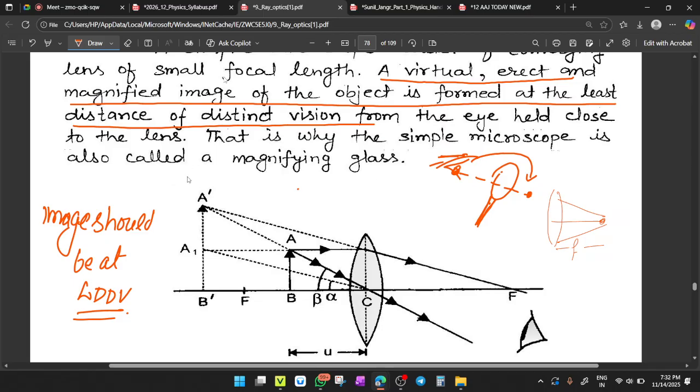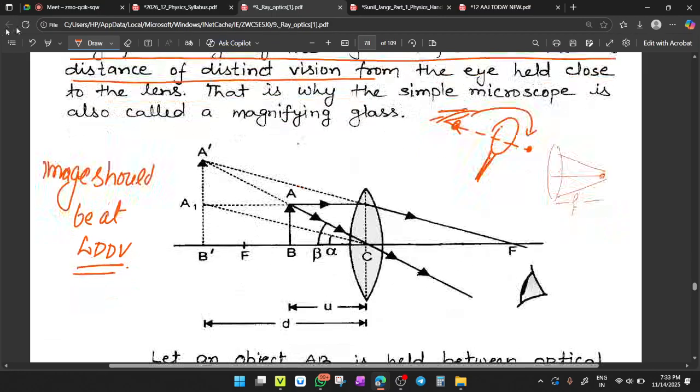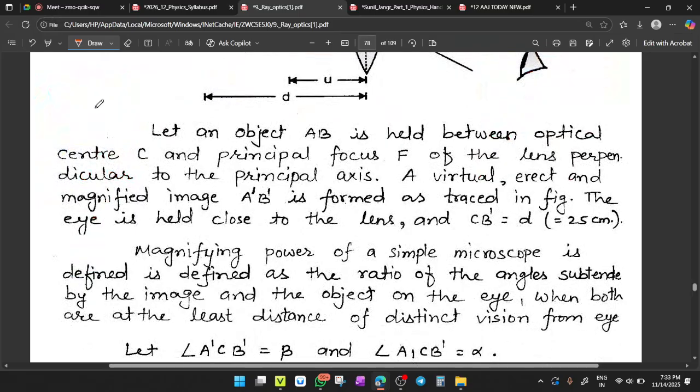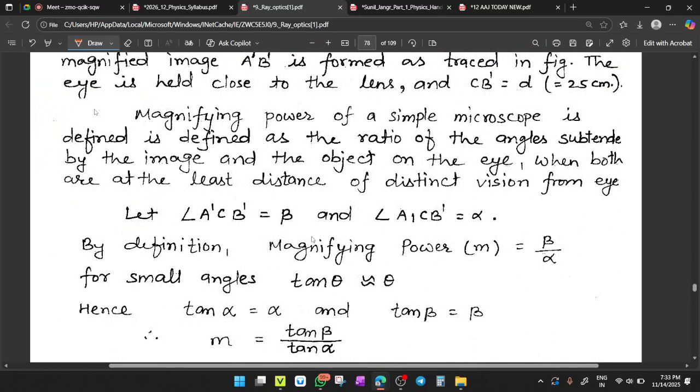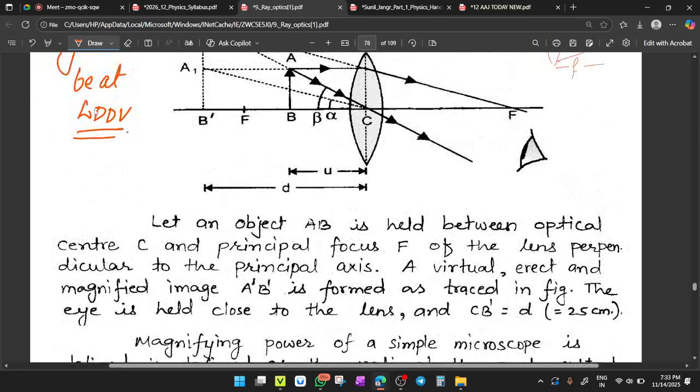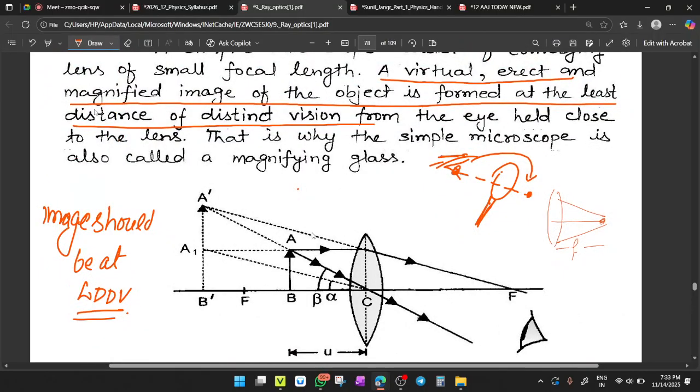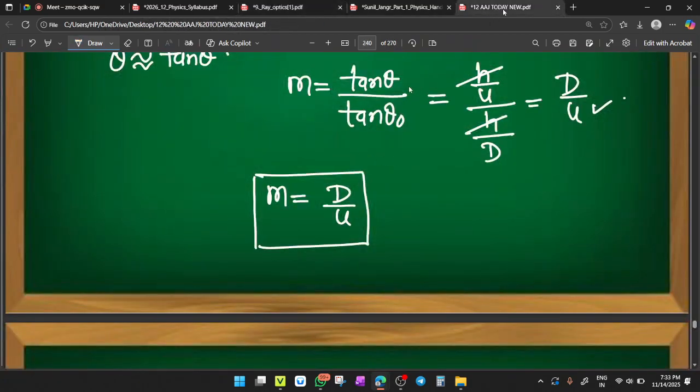Here I am using two angles. The first angle is made for the eye, that I am saying alpha. And the second angle is made by the image, that I am saying beta. So two angles I am going to take here.